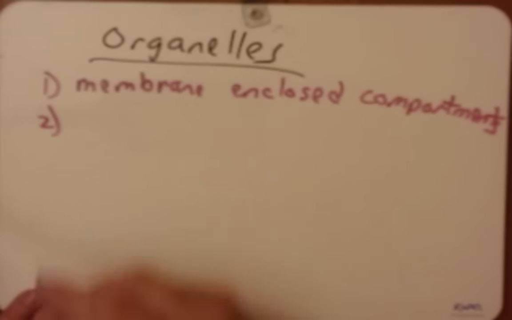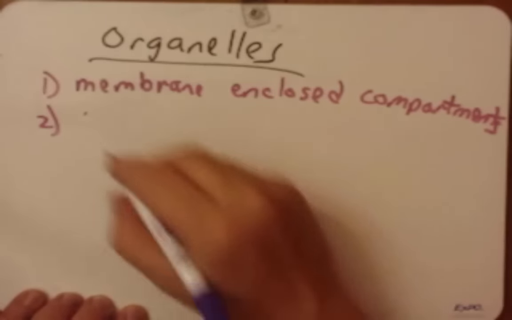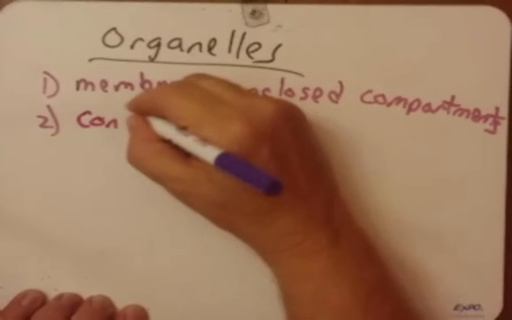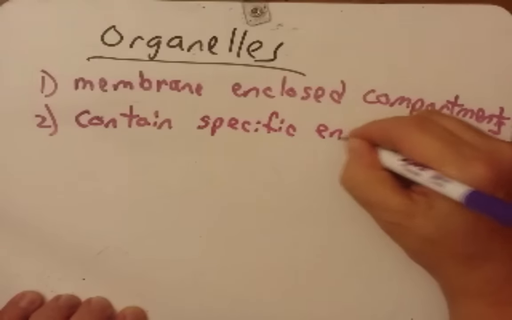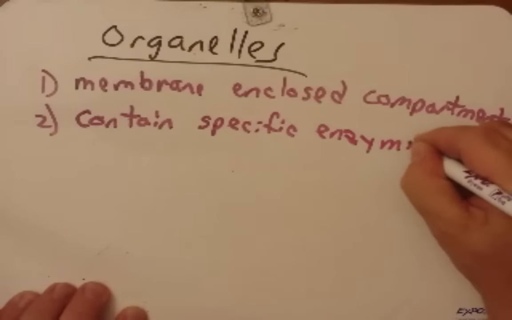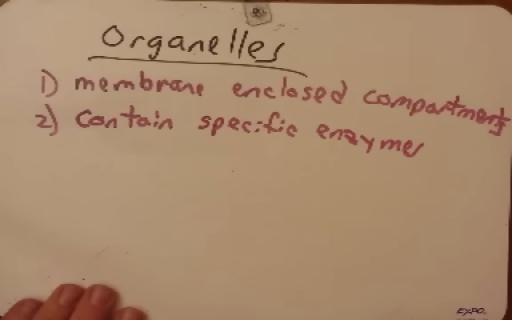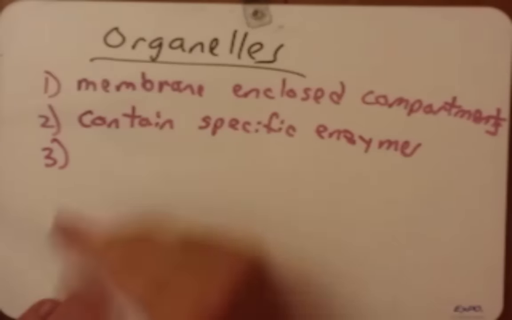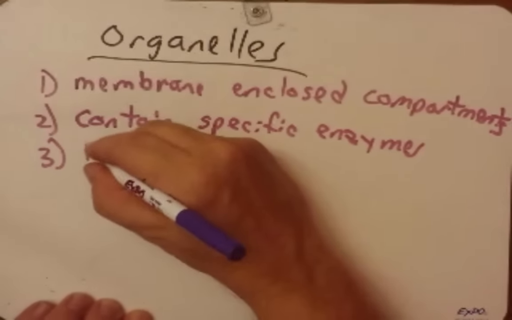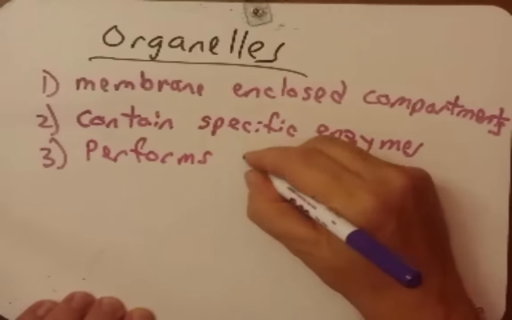Next, within this membrane enclosed compartment, they contain specific enzymes. And these specific enzymes help give that unique function to that particular organelle. Each organelle has a different function. And that's this next point here, that each organelle performs a specific function.